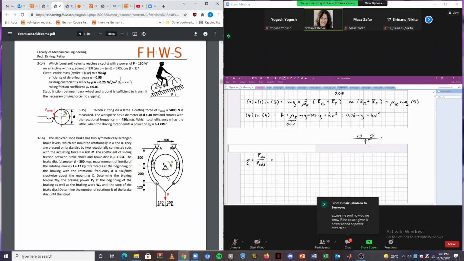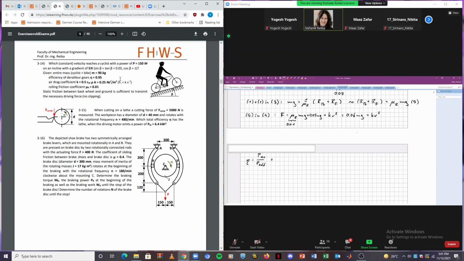So this would work in this case here, but of course, the exact approach would be applying a normal force to every wheel, since both wheels are touching the ground and exerting a normal force to the surface, to the ground.